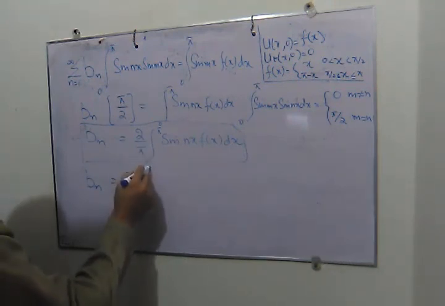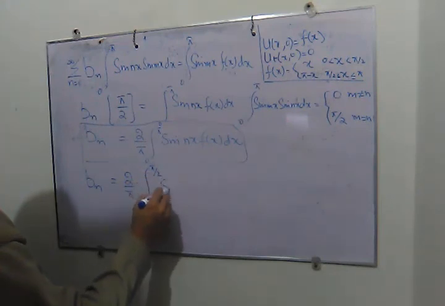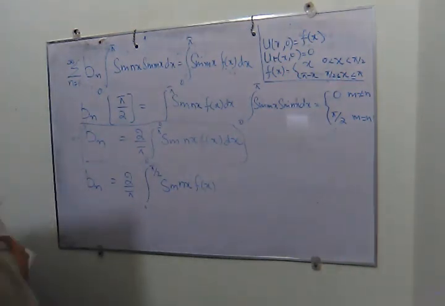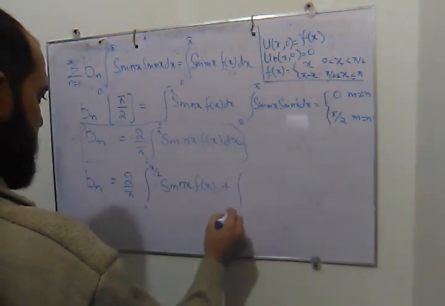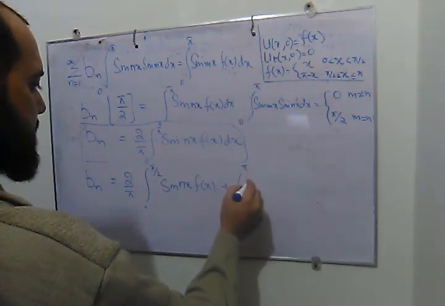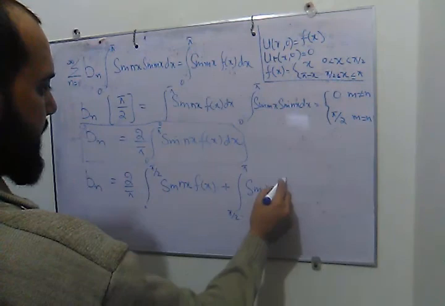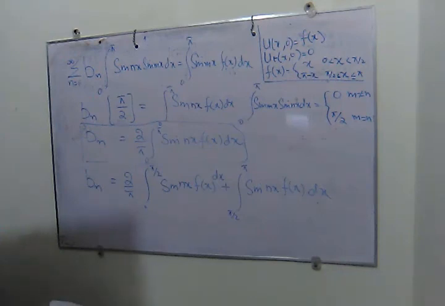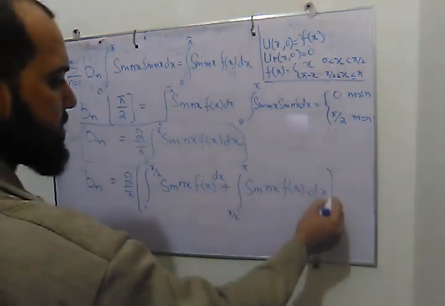If we break the limit, from 0 to pi by 2 of sin nx f(x) dx plus pi by 2 to pi of sin nx f(x) dx, with 2 upon pi applying to both.